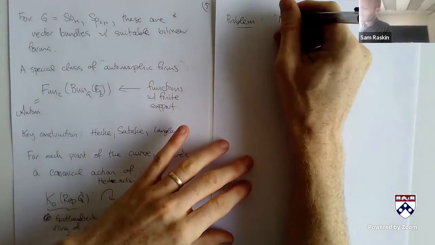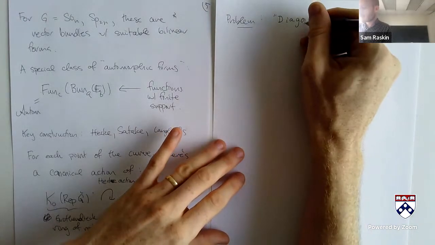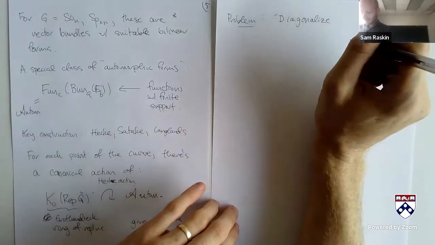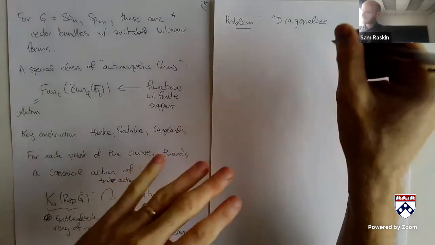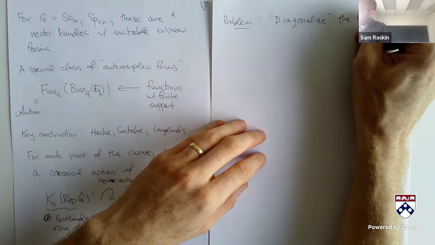So the problem that Langlands posed, well, I don't know if it was he who posed it, but the problem that Langlands and Harish-Chandra and Gelfand and Hecke, and definitely work of Hecke, is to diagonalize the Hecke operators.